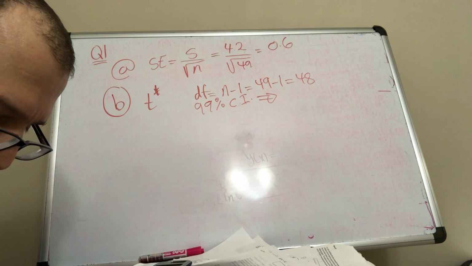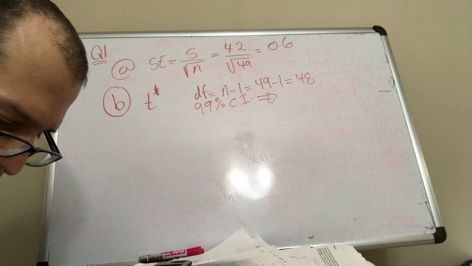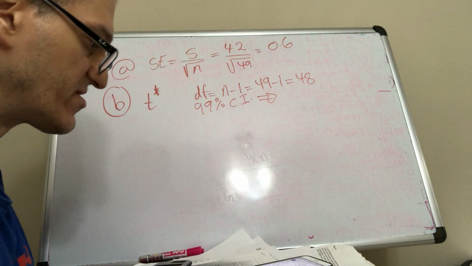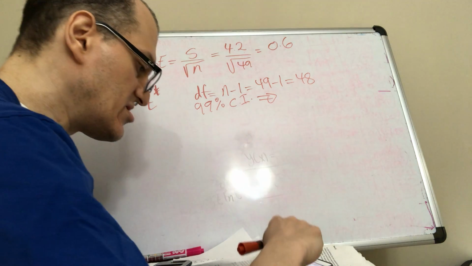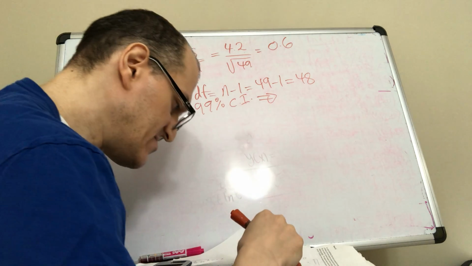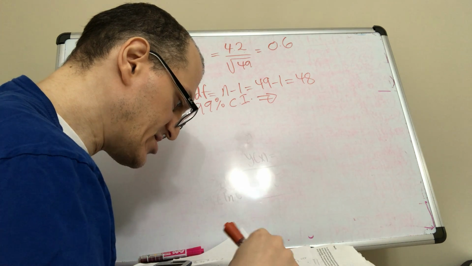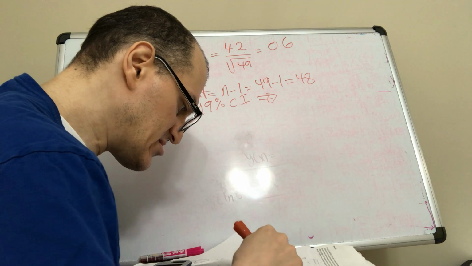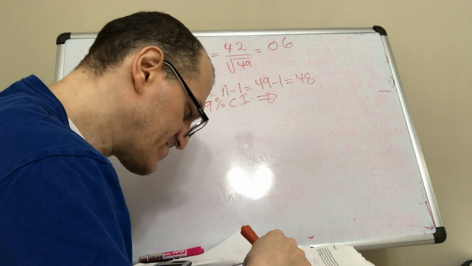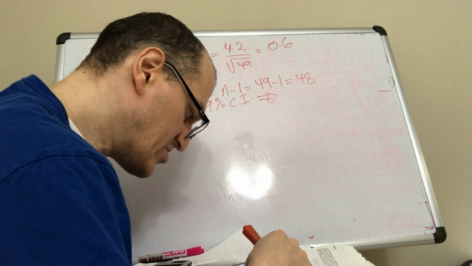When you Google, there is a blue t-table that I like. So you go down to the degrees of freedom 48. You don't see 48, so you use the closest. You could use the 50 or the 40.